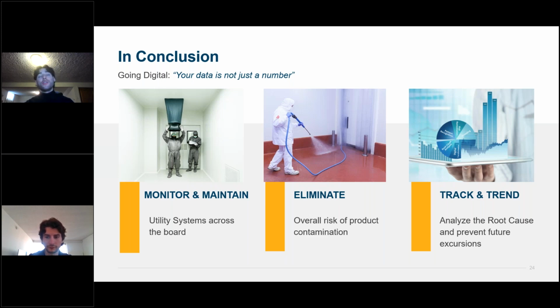Lastly, we looked to the future, things like tracking and trending to analyze the root cause and prevent future excursions. With emerging technology being utilized to provide trending capabilities and in-depth root cause analysis, it really allows you to take a proactive stance against risk overall. We discussed industry-wide digital transformation today and its effects on utility systems, contamination control strategy, and time savings for personnel.